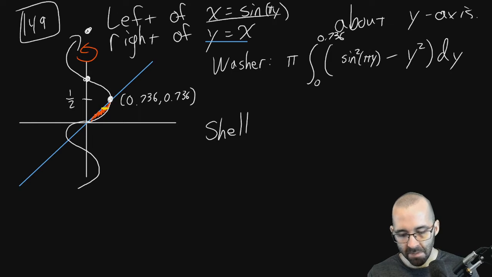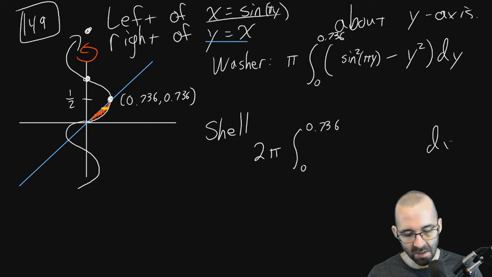If you use the shell method, you have something. Now we're looking at this shell, which is blue minus white. So it's going to be 2 pi. Now we're doing it in terms of x, which is doing the same things.